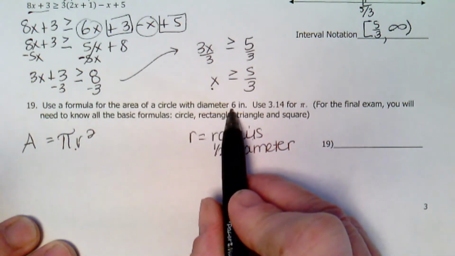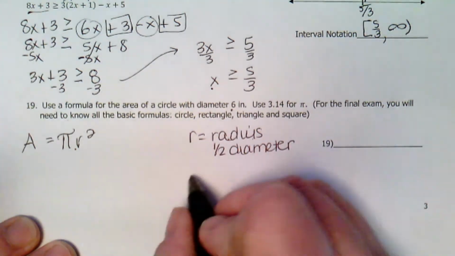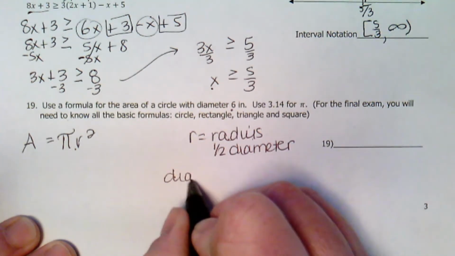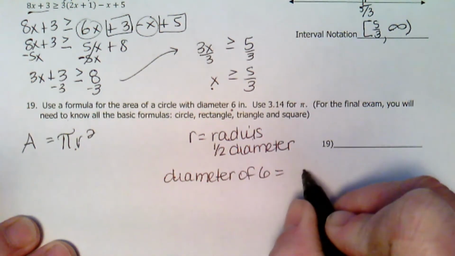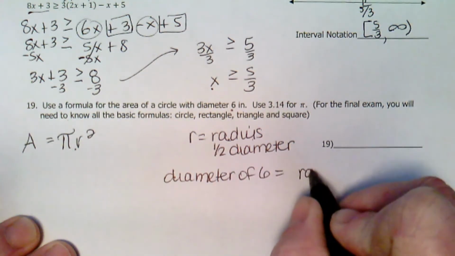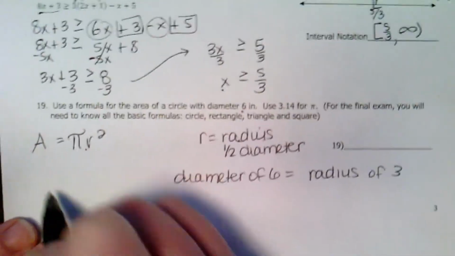They give you the diameter, we need a radius. So we're going to cut that diameter in half, and that equals a radius of 3.